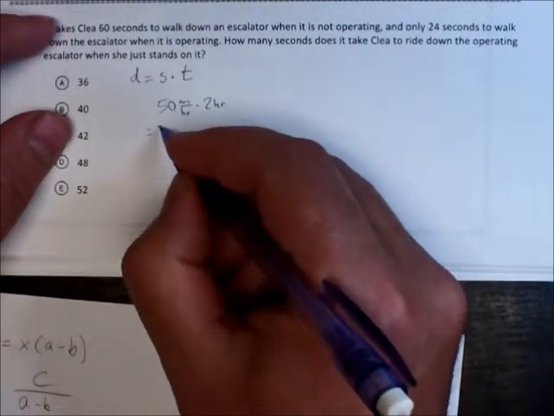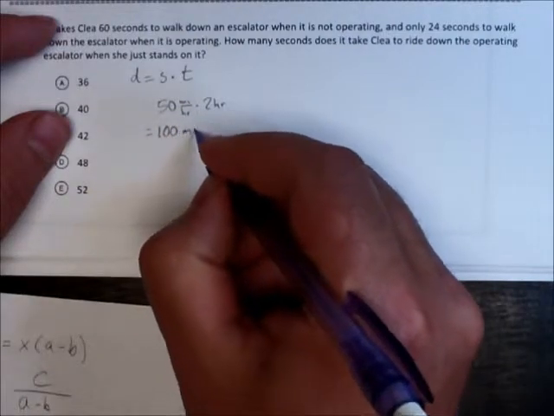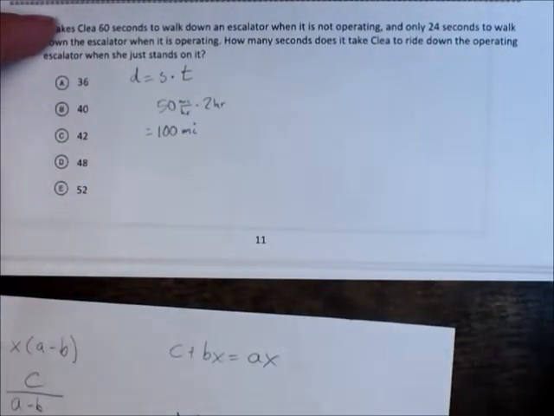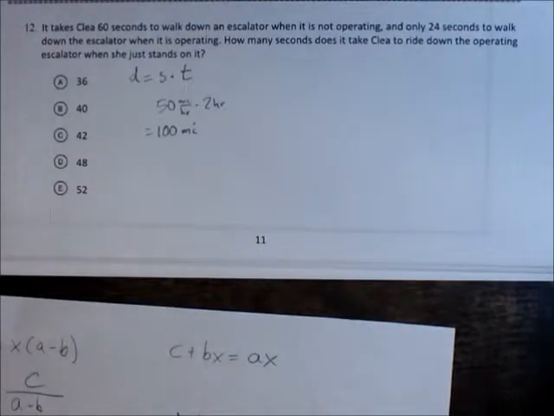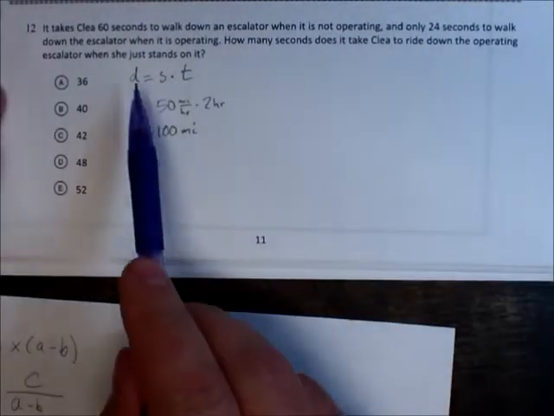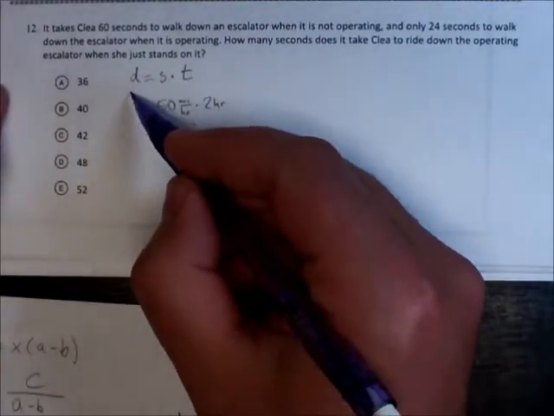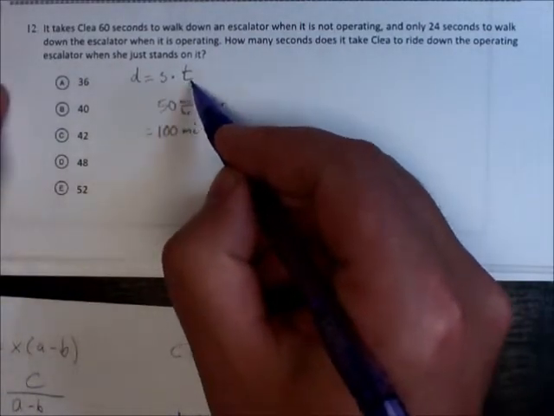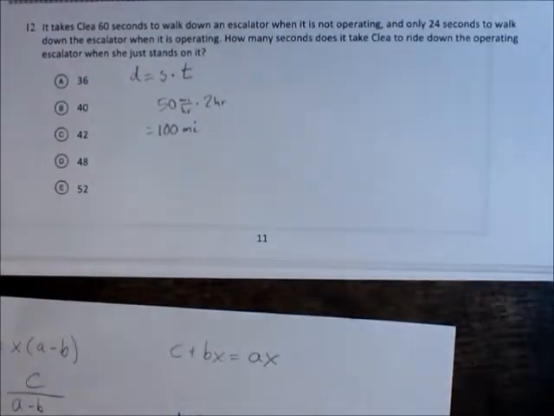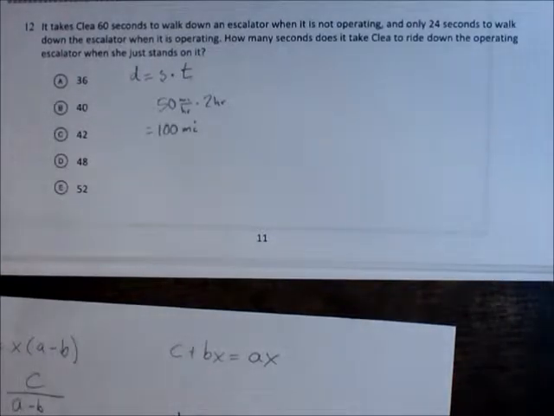My distance would be 100 miles. It's a pretty straightforward example that shows how this equation works. So this is distance, speed, and time. We're going to work mainly with this equation to talk about what Clea is doing.